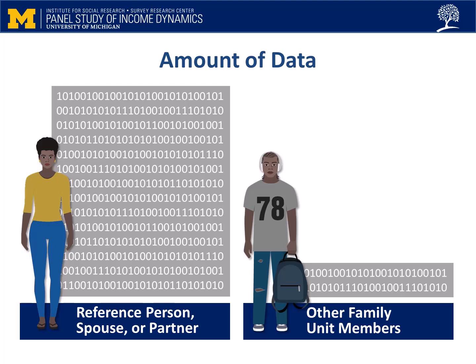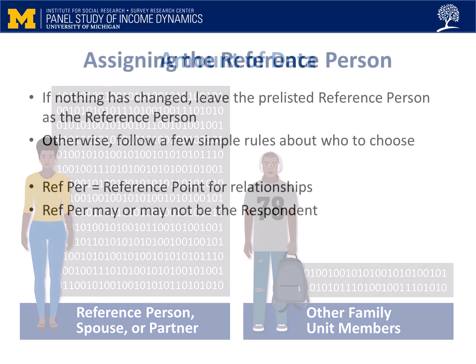And if you make someone a reference person or spouse partner who should have been an OFM, then we're spending the respondent's time and patience unnecessarily as we ask them many questions we did not intend. These types of errors also create additional work for PSID's data processing group as they try to correct those they can by hand. This process can take many hours, if not days, of work.